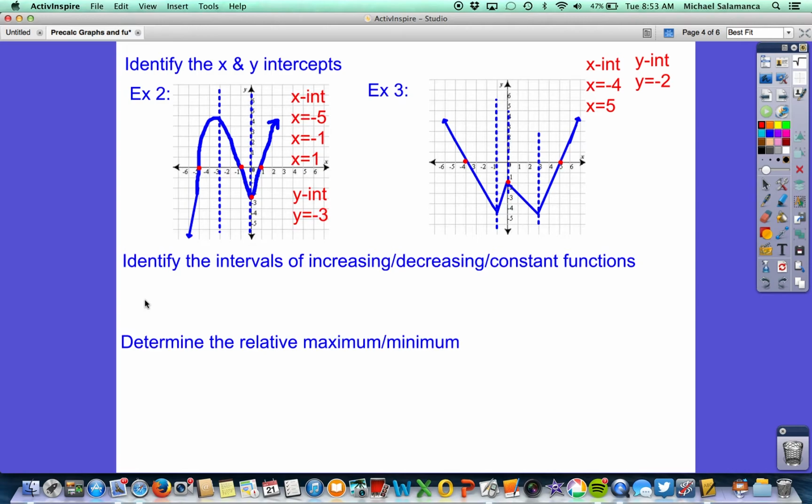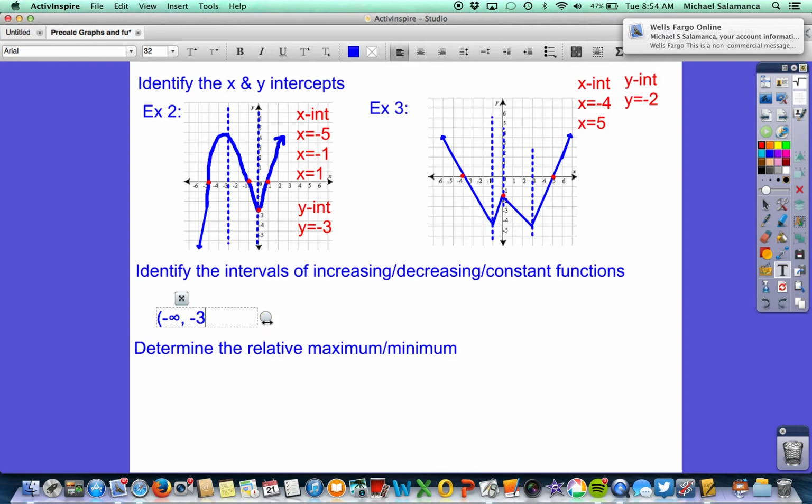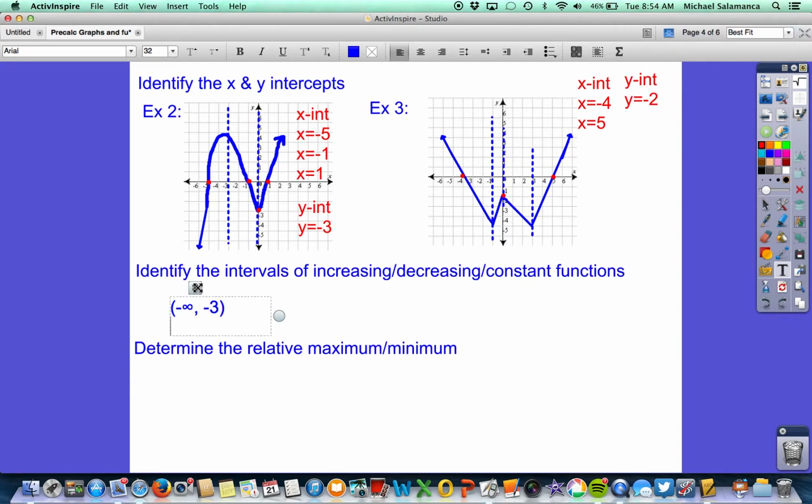For example 2, we know that from negative infinity to negative 3, it's increasing. We also know that from 0 to infinity, it's also increasing.